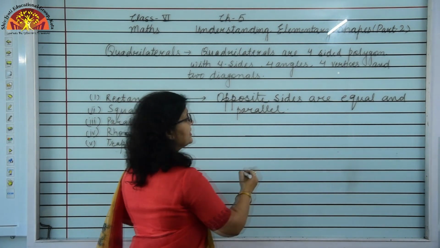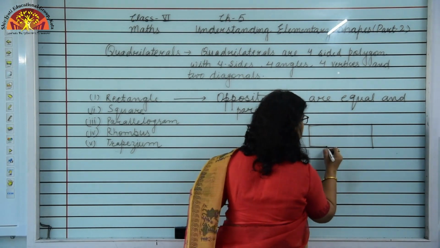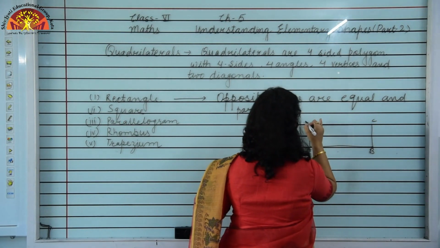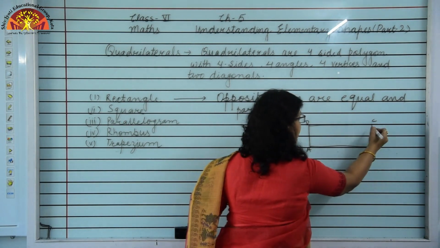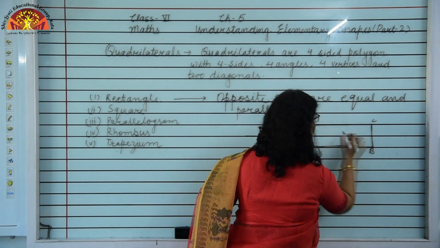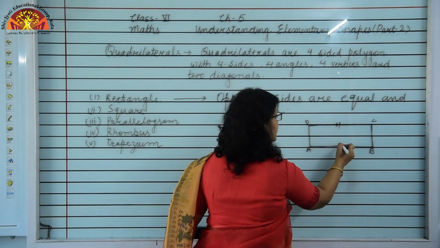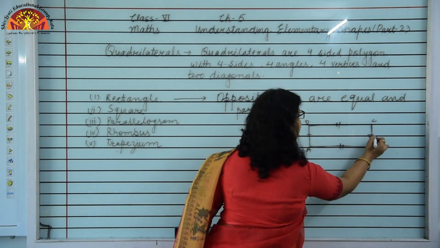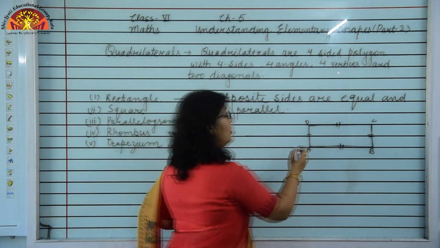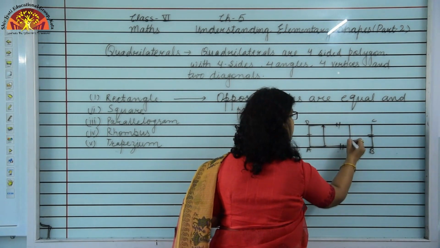Equal and parallel means, suppose this is A, B, C and D. So AD and BC are equal and AB and DC are equal. So these opposite sides are equal, and parallel lines means lines which never intersect each other at any point. So these two lines are also parallel and the distance between them is always equal.